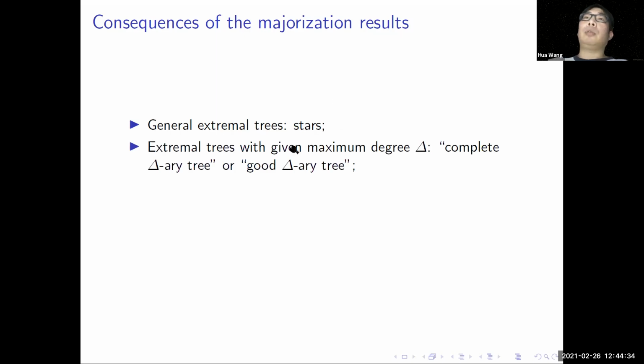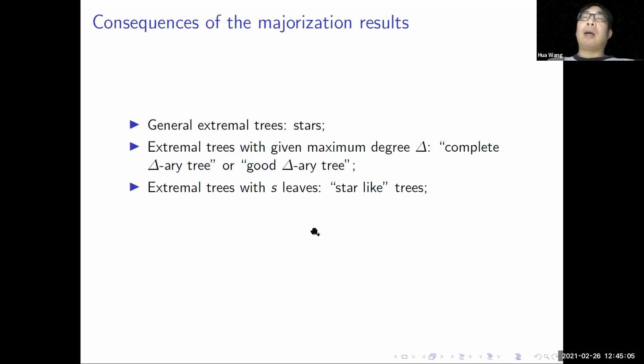Or if you look at extremal trees with a given maximum degree, then because if you want your degree sequence to be strong, to dominate all other degree sequences, you want the bigger degrees to be in the front. But with a given maximum degree, you can only put as big a degree as possible to the front like this. And this generalizes to something called complete delta trees, which I did not introduce in this talk.